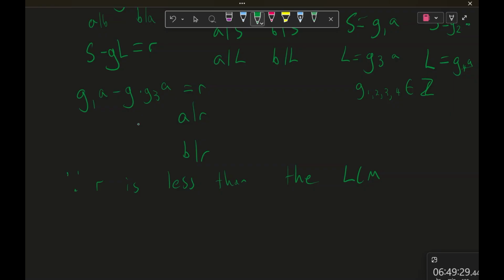Because if there's something that is greater than 0, and A divides that number, and B divides that number, then that would be the least common multiple. Thus, R must be 0. R is equal to 0.